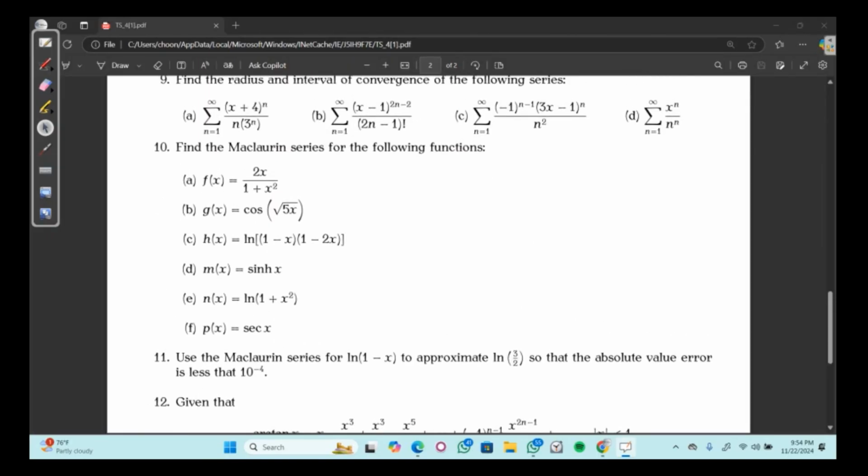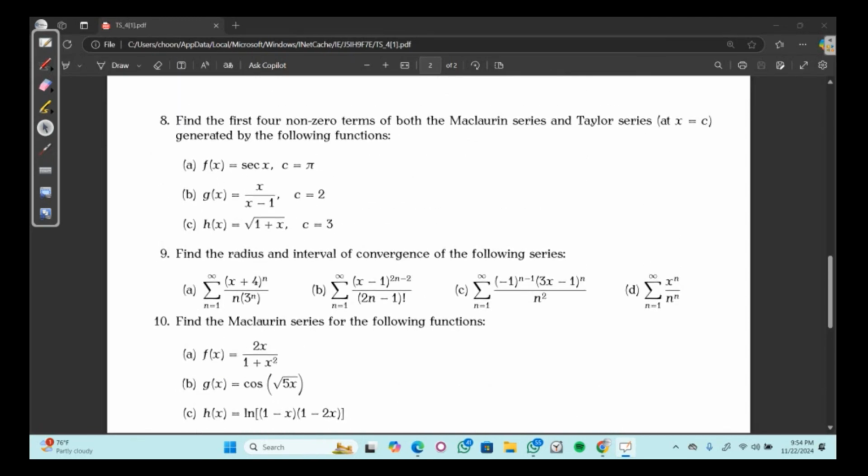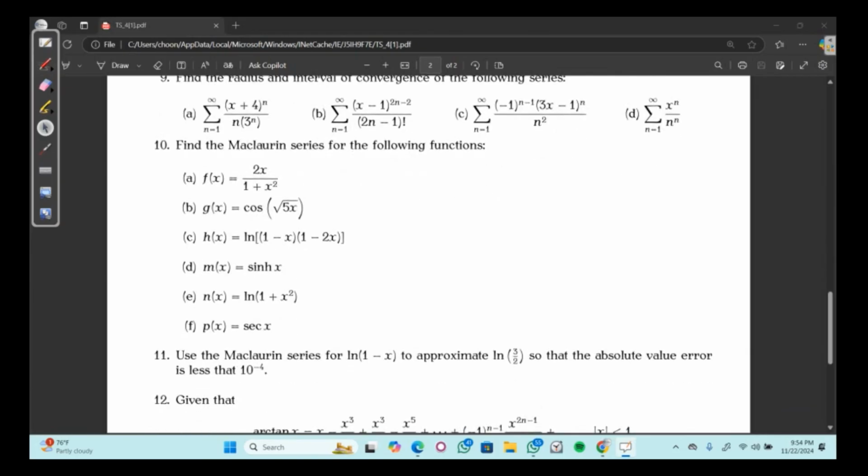Okay, then question 10, I won't do it. Reason being is that I've already done this on question 8. It's still the same. Remember the question is saying find the Maclaurin series of the following functions.